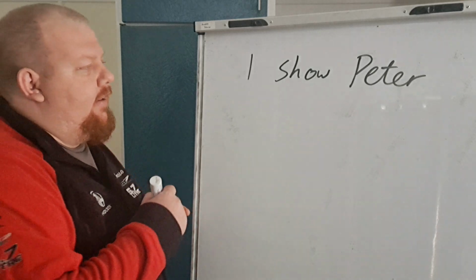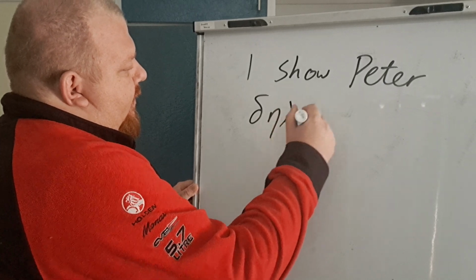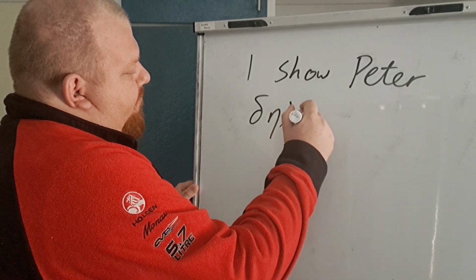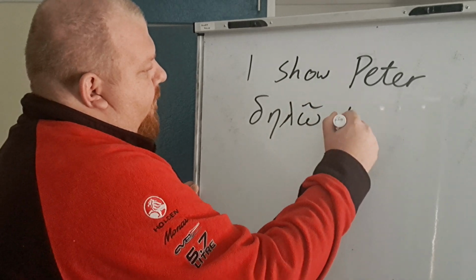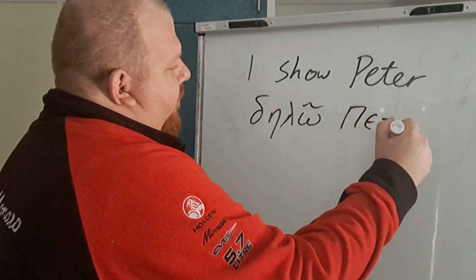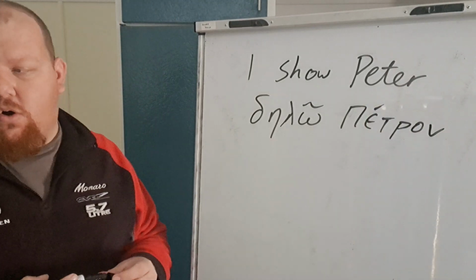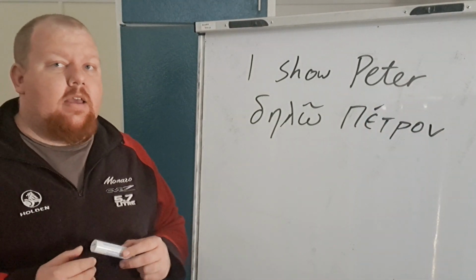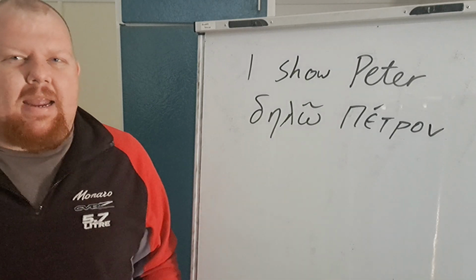So if I said, for example, what is it? Dilo Petron, for example, that doesn't make a whole lot of sense for Greek, because you're basically showing Peter.